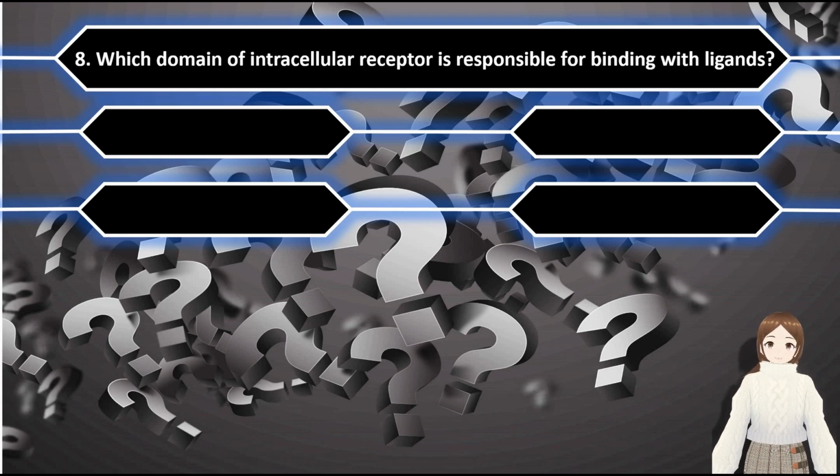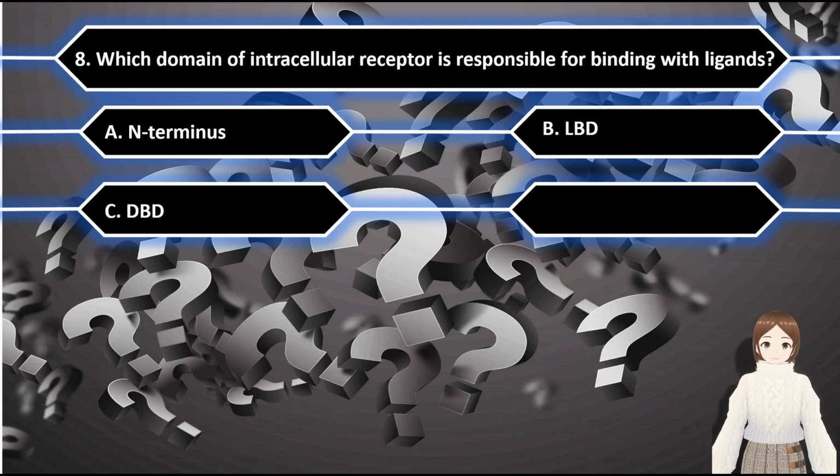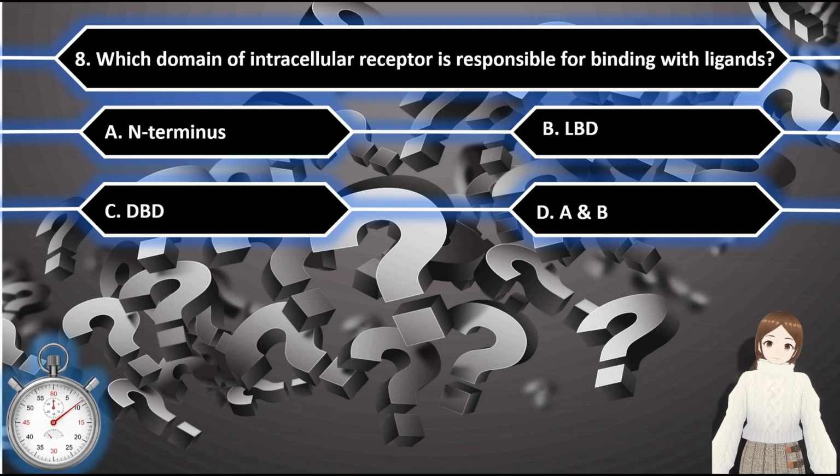Question number 8. Which domain of intracellular receptor is responsible for binding with ligands? A. N-terminus, B. LBD, C. DBD, D. A and B. You have 10 seconds time.